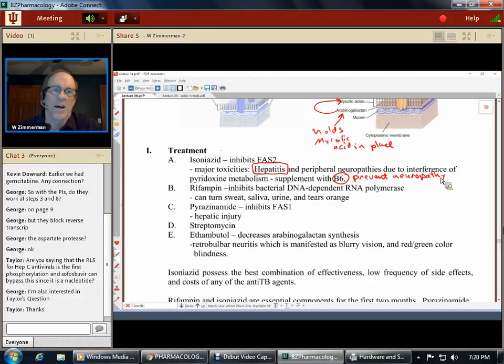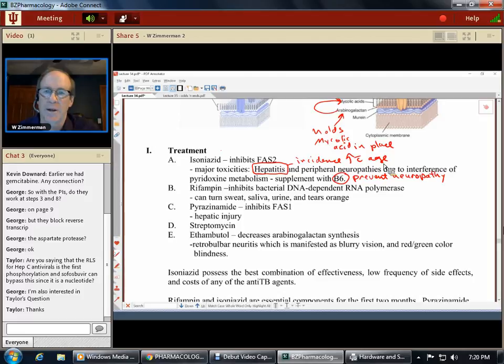Somebody as young as you guys, less than 30, they would easily go ahead and get the isoniazid. So the incidence increases with age. But despite that, isoniazid is still the big drug for treating TB. You have to add other things to it, but it's the big one.